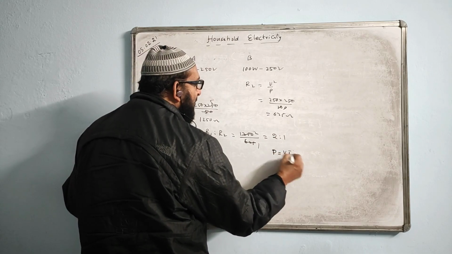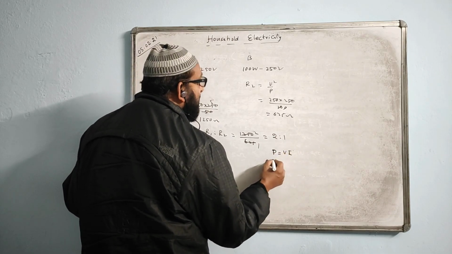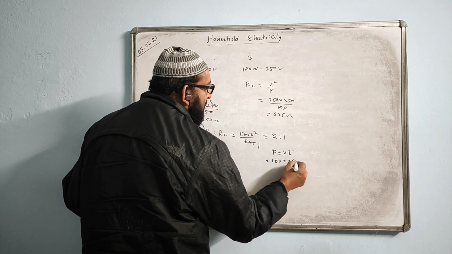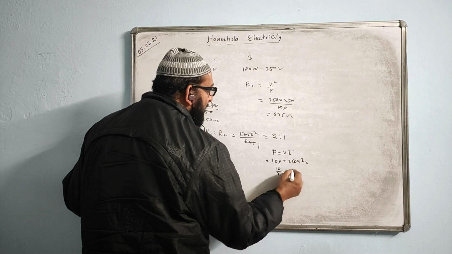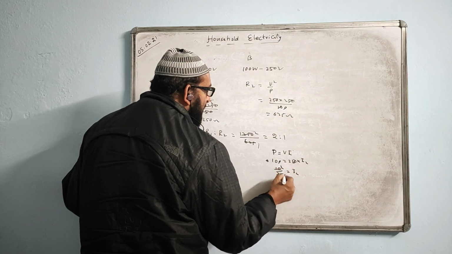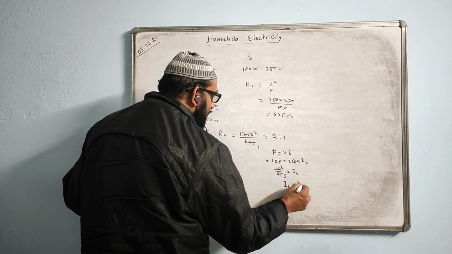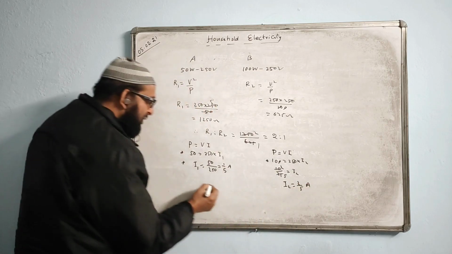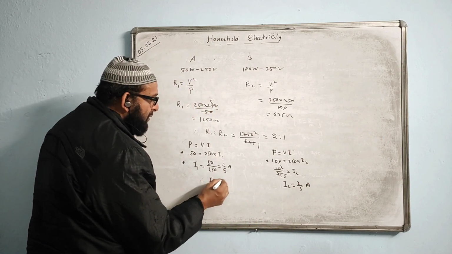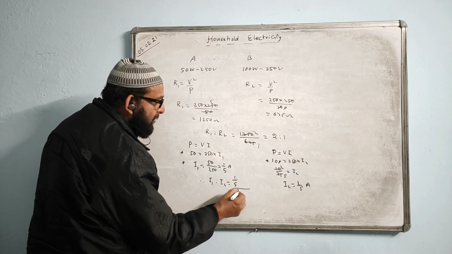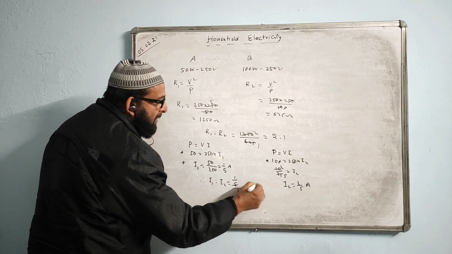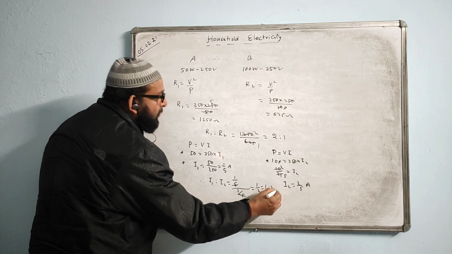Power formula again is VI. Power given is 100, voltage is 250 into I2. This and this will go, 10 by 25 is the value of I2. 5 2s are 10, 5 5s are 25, so I2 value will come 2 by 5 ampere. Now find the ratio I1 is to I2: 1 by 5 divided by 2 by 5, 5 can cancel, 1 by 2. The answer will come 1 is to 2.